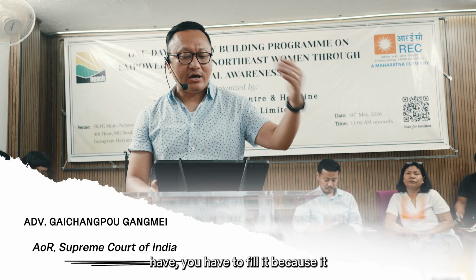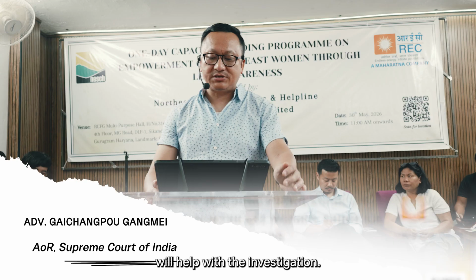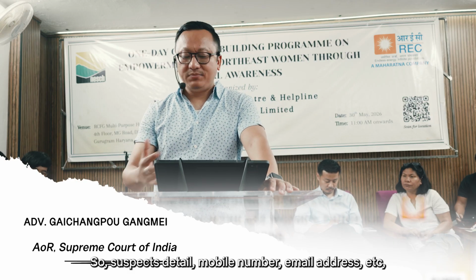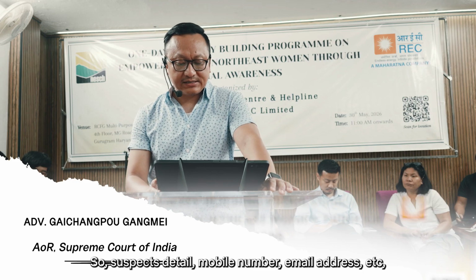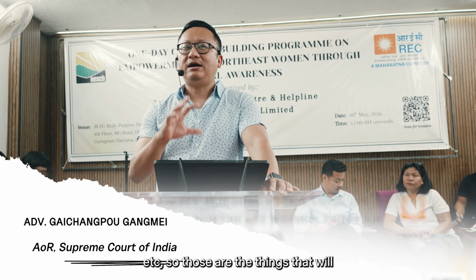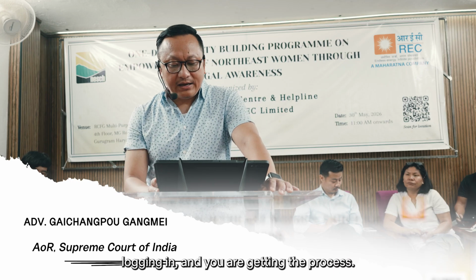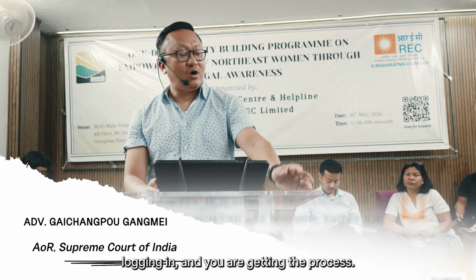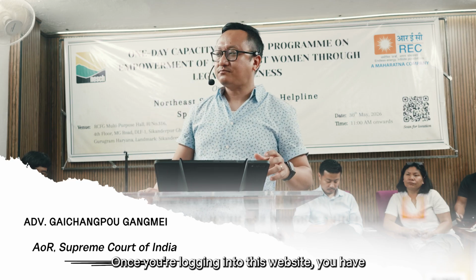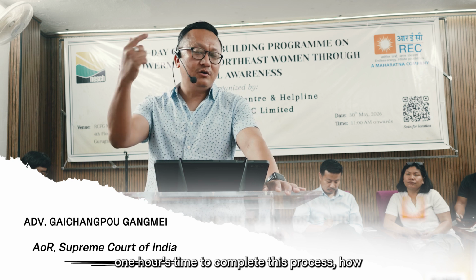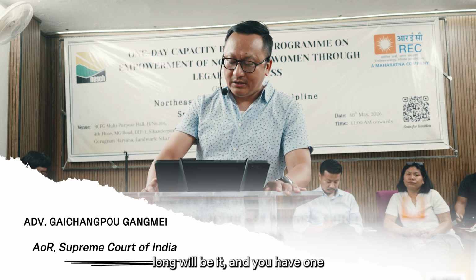If you have it, fill it in because it will help in the investigation. So, suspect's details, mobile number, email, address, etc. Those are the things that will be required as you are logging in and going through the process. Once you log in to this website, you have 1 hour's time to complete this process. The countdown will begin, and you have 1 hour's time.